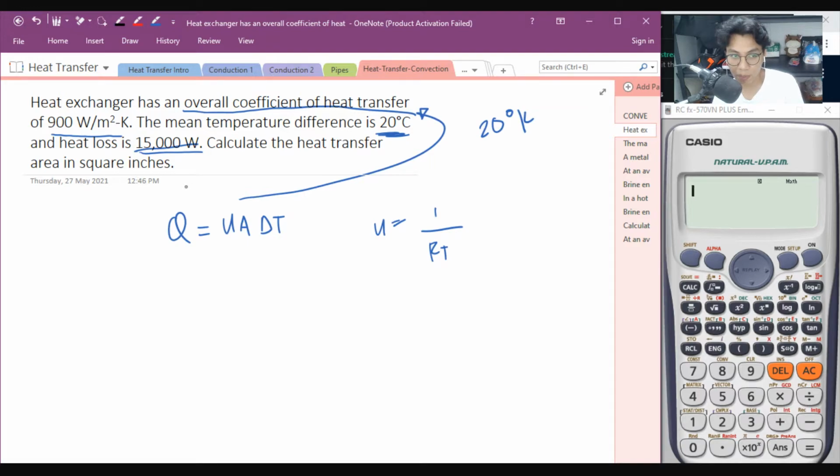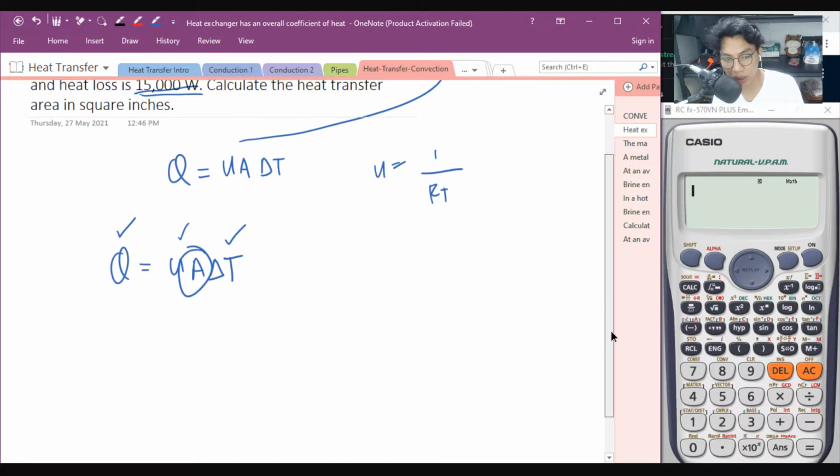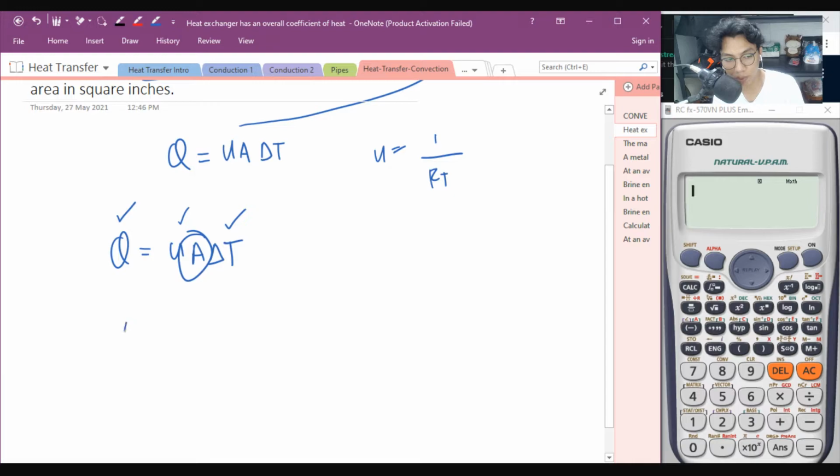So, may problema ba tayo dito? Lahat naka-SI? All we have to do is to convert it after natin makalculate yung buong value. Now, if this is the working formula, Q is equal to UAΔT. U is given. Delta T is given. The heat transferred is given. All we have to solve is the area of the heat transfer. So, i-reform natin yung equation natin. Okay? In favor of A, para yun lang naman ang isi-solve natin.